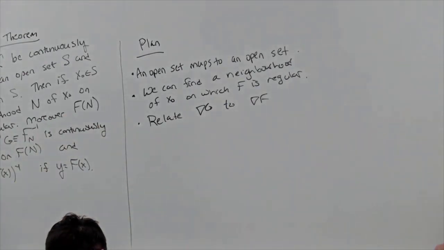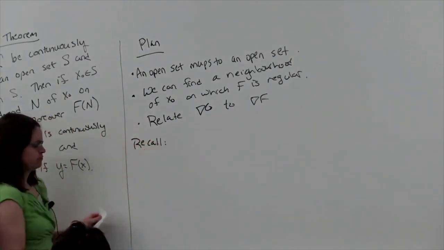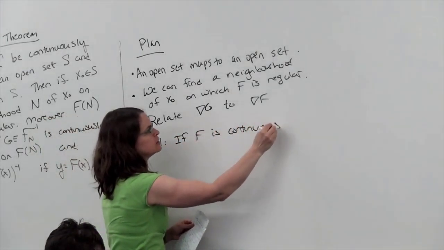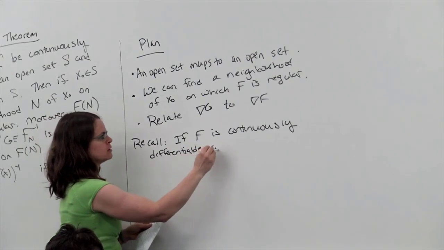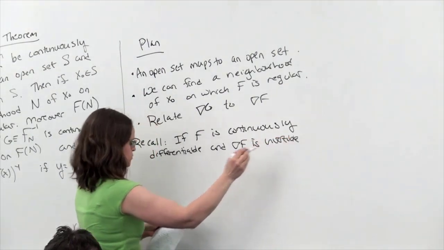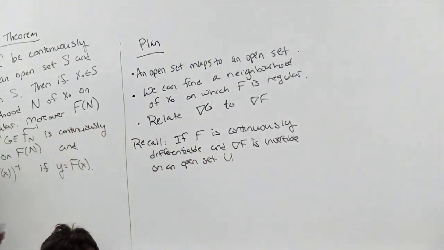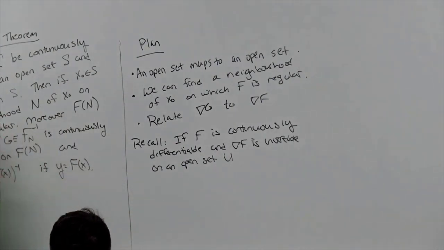I want to just remind you of these Lipschitz bounds that we talked about last time, because they'll matter today. So if f is continuously differentiable and non-singular, rather the Jacobian is non-singular, on an open set U, so we have this thing well behaved on a set that takes up space.